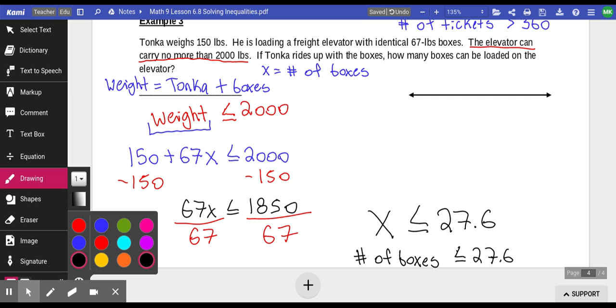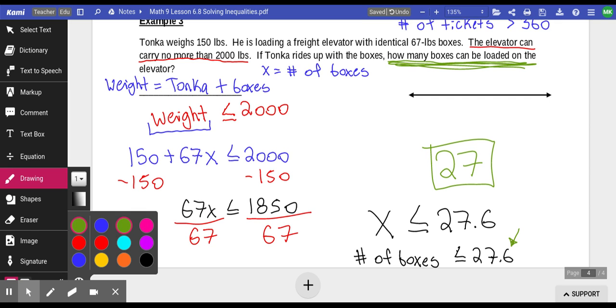So if I asked you how many boxes can be loaded, the answer would be 27. 27 boxes would be fine. The 28th box would weigh too much. So the answer is 27 boxes. I had to think a little bit logically about that and realize that even though it's 0.6, I need to round down because the 28th box would weigh too much.